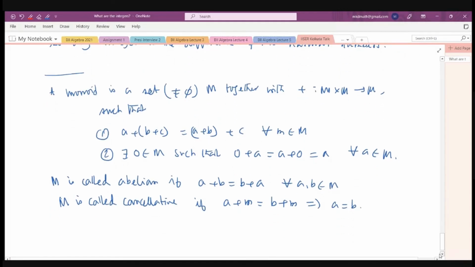This is slightly short of a group, right? The only thing missing here is that in a group every element has an inverse, right? For A there is minus A, but here this part is missing. So the example which you have seen today is that N plus is an abelian cancellative monoid.